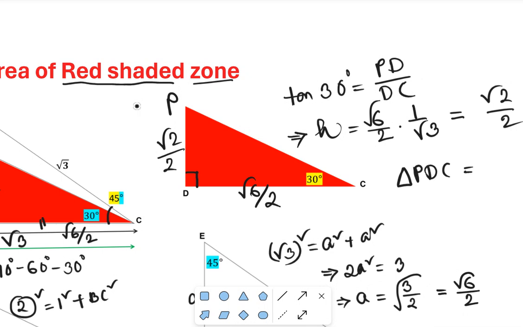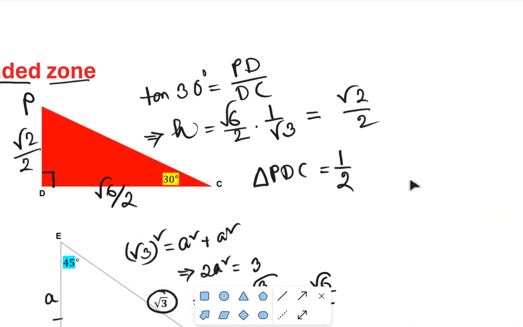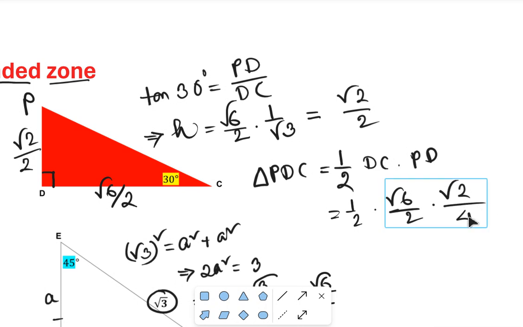Now the area of the triangle PDC is equal to half times the base, which is DC, and the height is PD or H. Now plug in this value, half. DC is root 6 by 2, and PD is root 2 by 2, actually, beg your pardon.